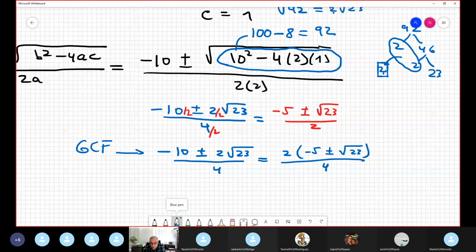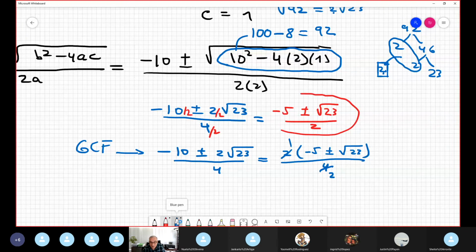And now you are ready to simplify this. 2 divided by 2 is 1, 4 divided by 2 is 2. And we get exactly the same answer like that. Guys, either way, you create your own shortcut to do it fast, the way you prefer. This is the beauty of algebra.